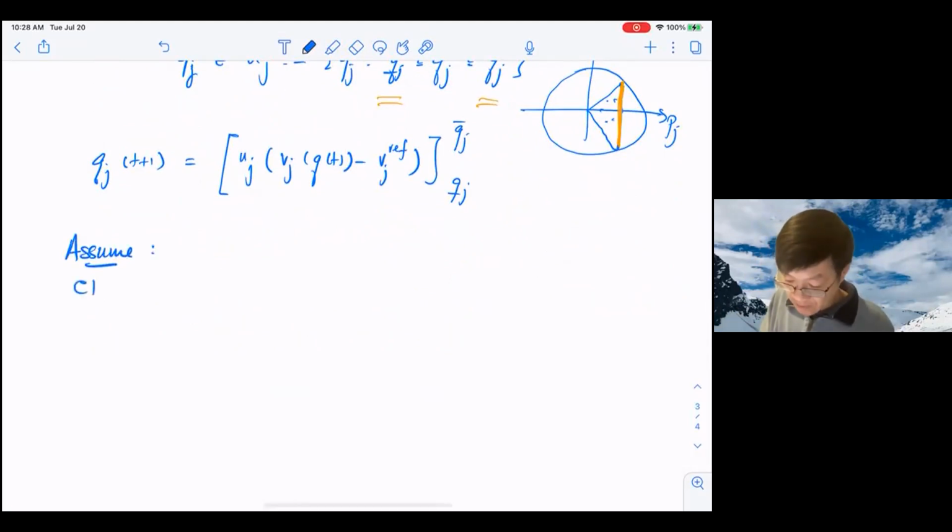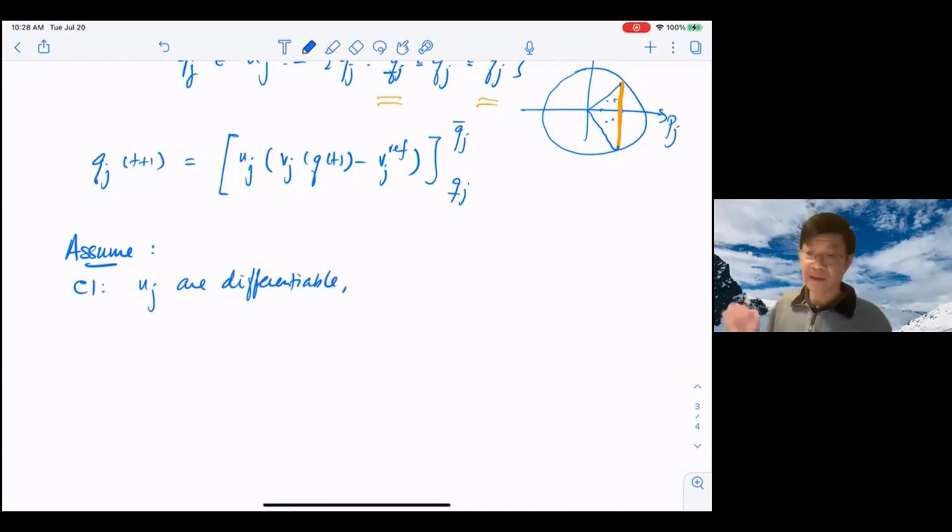Okay? So let's state them precisely under two assumptions. One is that the control functions are differentiable, and also the gradient is bounded.